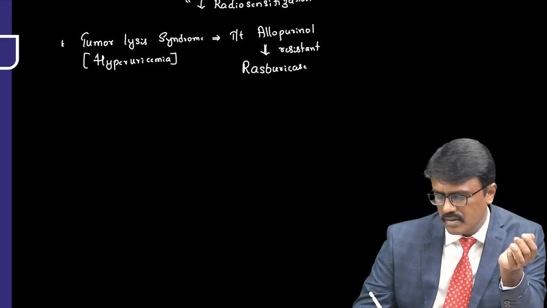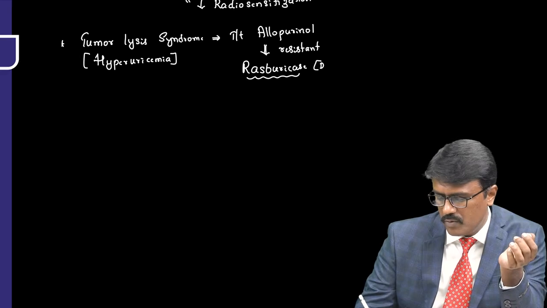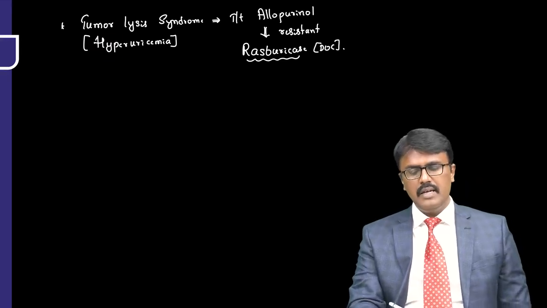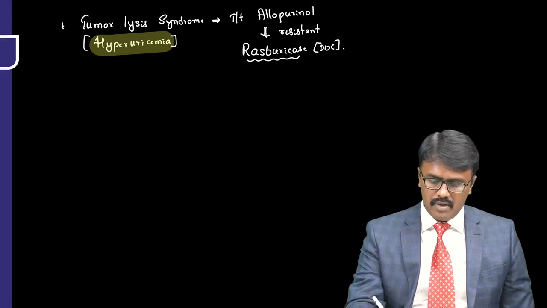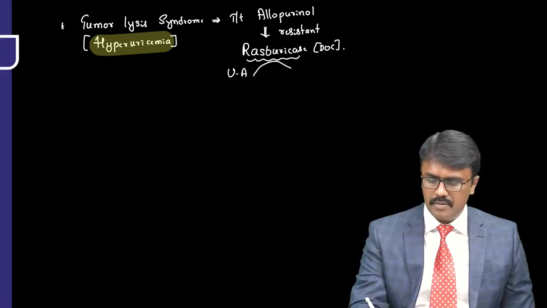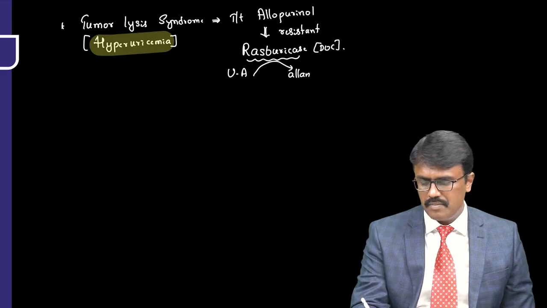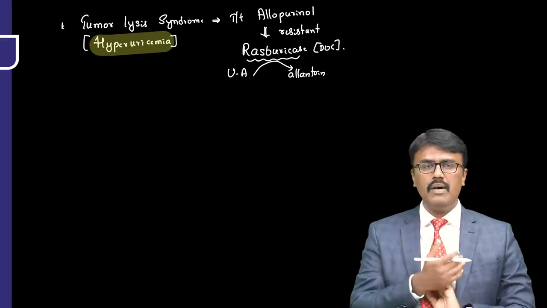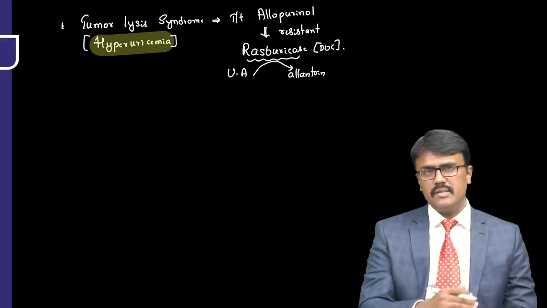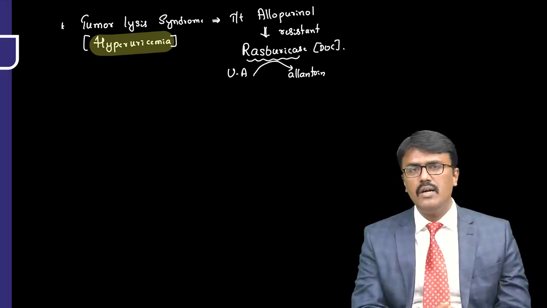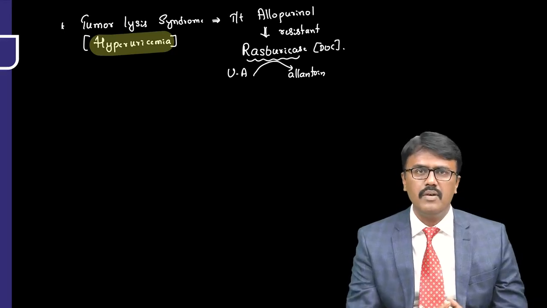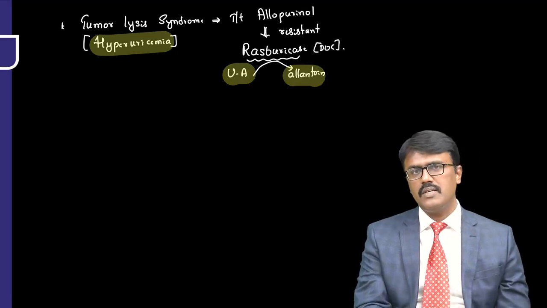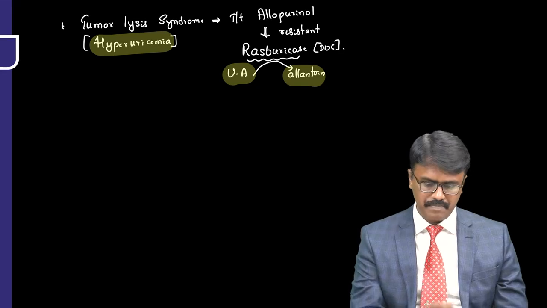Rasburicase is the overall drug of choice for tumor lysis syndrome to overcome the hyperuricemia, because it can convert uric acid immediately into allantoin, which is water soluble. If you give allopurinol, it only blocks synthesis. Once the uric acid is already high, it cannot bring it down. The only drug which can bring the uric acid down is rasburicase. That's why it is the overall drug of choice.